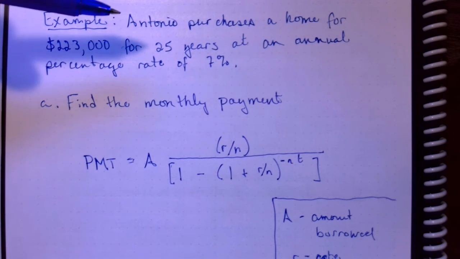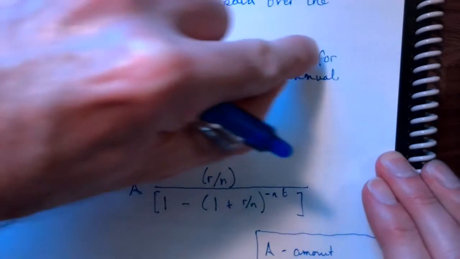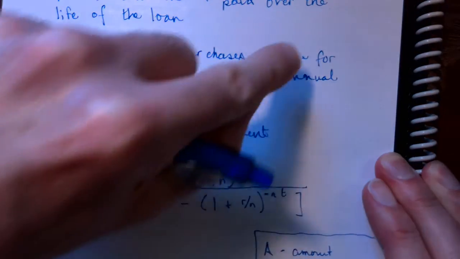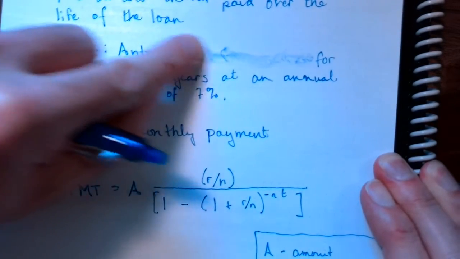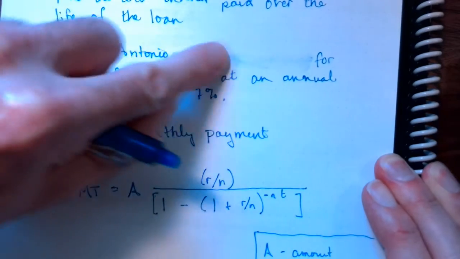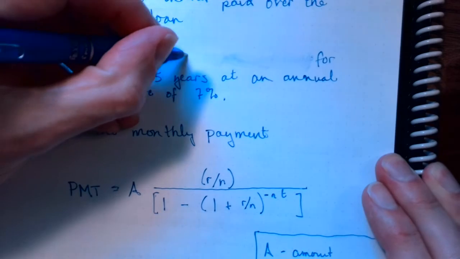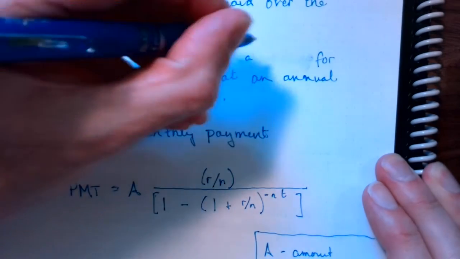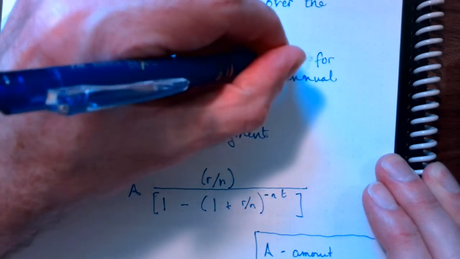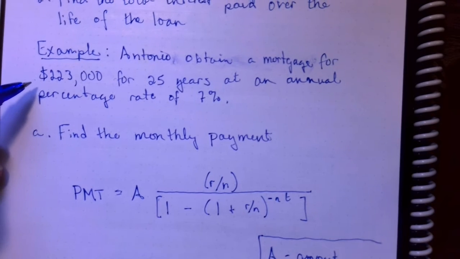So let's say Antonio obtains a mortgage for $223,000.